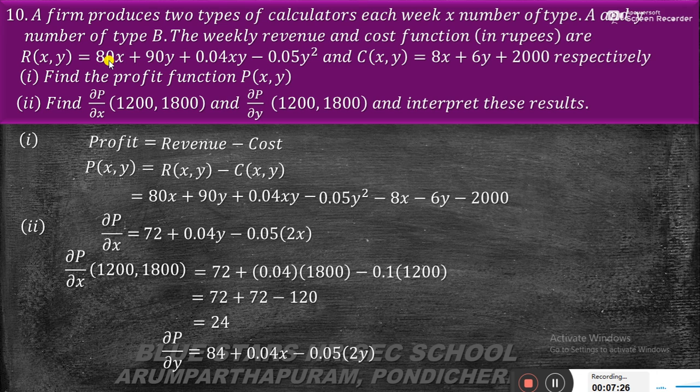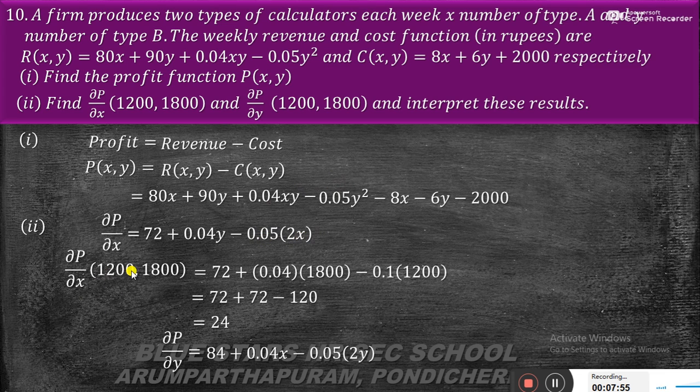In the revenue, 80x plus 90y plus 0.04xy minus 0.05x square minus 0.05y square, the derivative of x square is 2x. So minus 0.05 into 2x will be written.